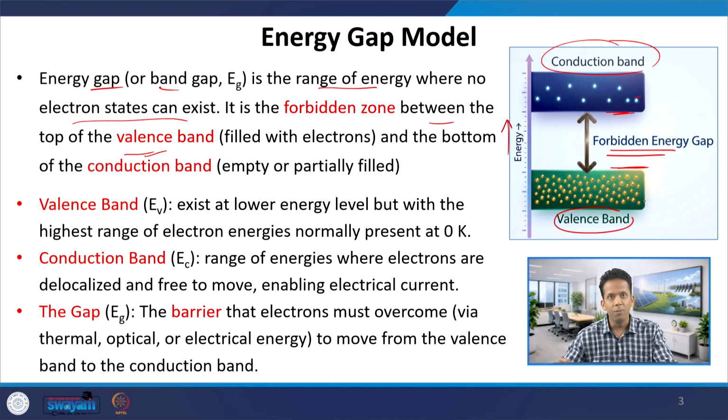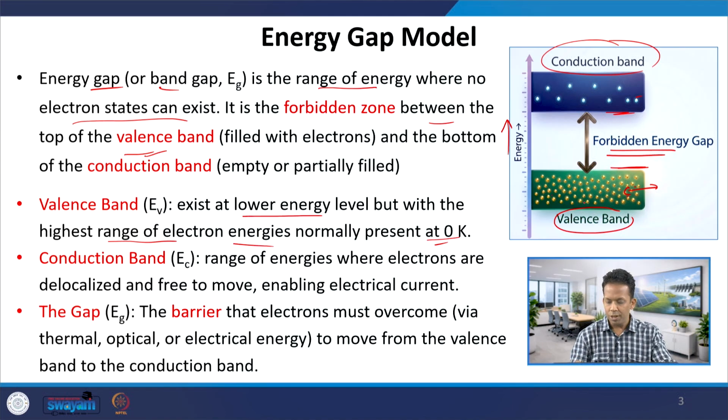And valence band, as you can see here, it exists at lower energy level, but it has the highest range of electron energies which are normally present at absolute zero temperature, which is 0 Kelvin. So what happens in the valence band, the electrons are bound to the individual atoms very strongly, and they are not able to move freely through the crystal lattice of the semiconductor or of the material.